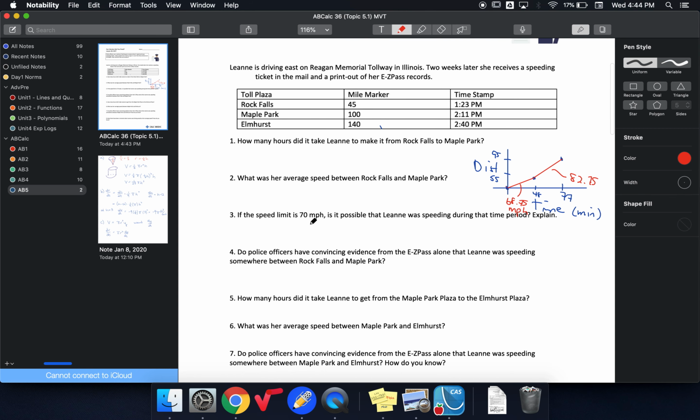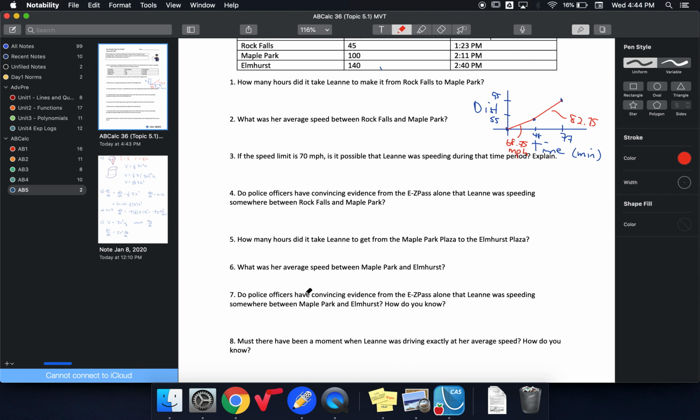So if my speed limit is 70 miles an hour, I don't know if I sped between these 2 points, but definitely between these 2 points, we must have broken the speed limit of 70. Because certainly at some point between those 2 points, I'm going to have that same slope. So that's what these answers are going through.